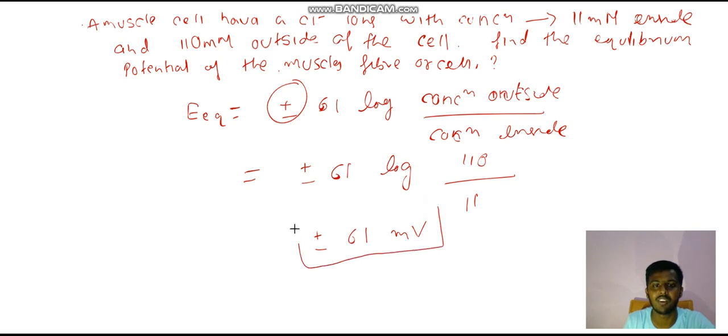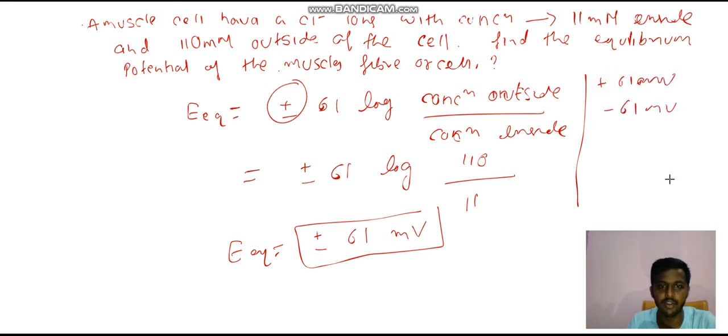Okay, so is this the answer? No, this is not the answer. If we get this type of question, we have to write the sign also, because in the 4 or 5 options there will be plus 61 millivolt. So what will be the charge? Tell. See here.